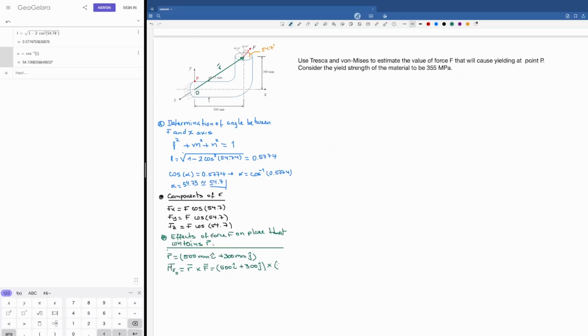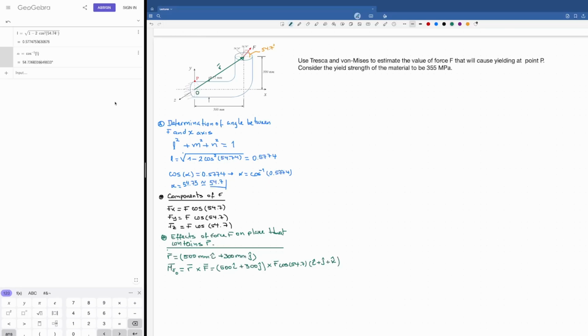The force could be written as a magnitude. The components of this force, or the projection of this force on the x, y, and z axes, are the same, so I can just extract the magnitude from that vector and call it cosine of 54.7 times the unit vector that represents those three Cartesian axes.